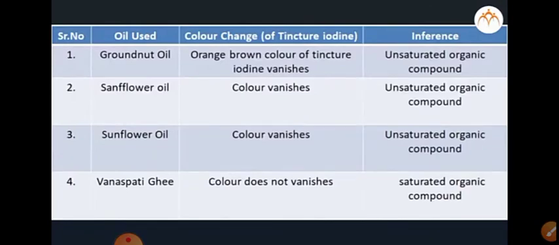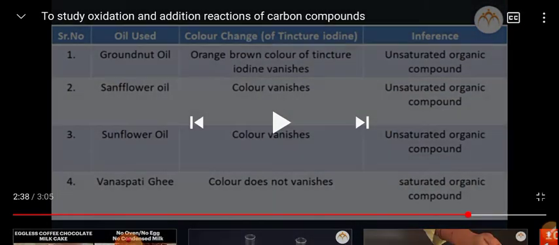So we can say that if we are using groundnut oil, then obviously about its color change, the orange brown color of tincture iodine vanishes, and its inference is unsaturated organic compound. Next, sunflower oil: color vanishes, unsaturated organic compound.